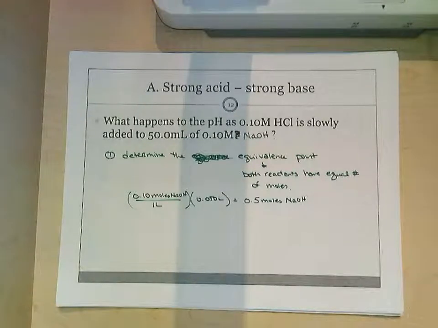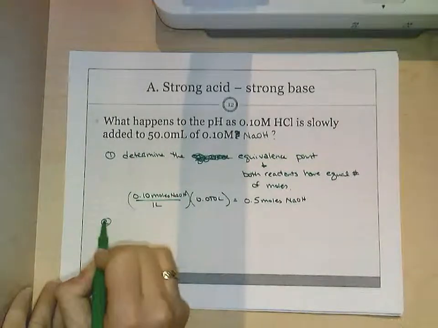I want the moles of sodium hydroxide to be equal to the moles of HCl needed. So before you jump ahead and say, oh, well, I know that, you have to write your balanced chemical equation. In this case, I happen to have it set up that it's 1-to-1. That may not always be the case, right? I could try and fool you.